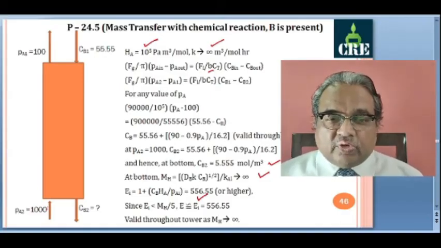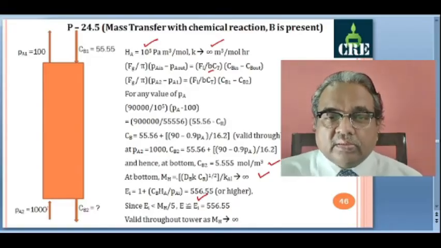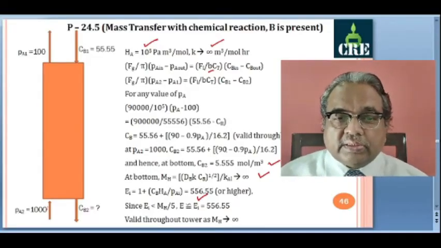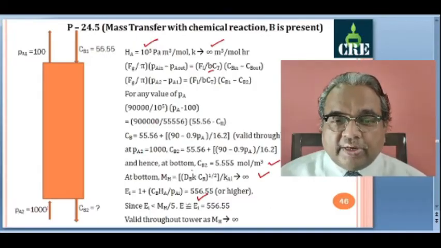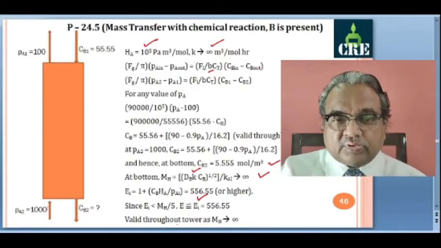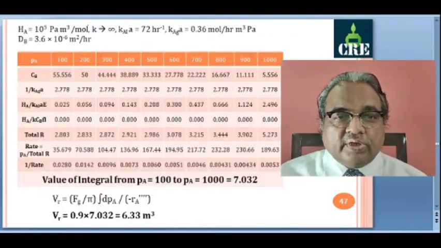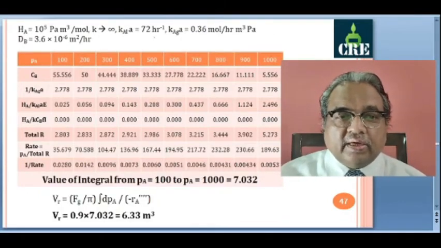As MH is equal to infinity throughout the tower, of course, because this K is in the numerator and this value is infinity. So EI less than MH by 5 will be valid throughout the tower. So this value of E we can use throughout the tower. So here HA value, this KGA, KA, all these values have been written.